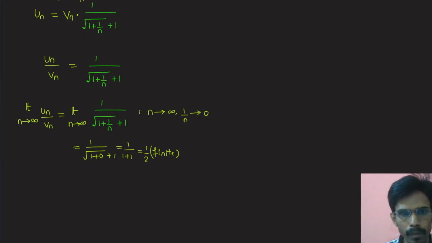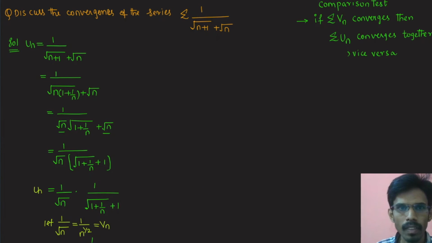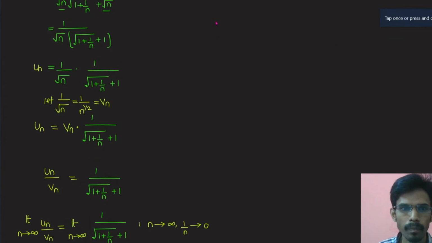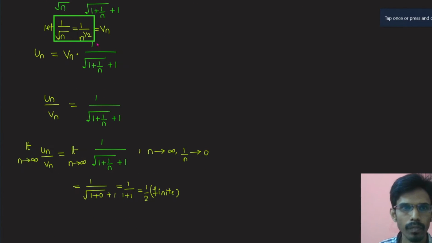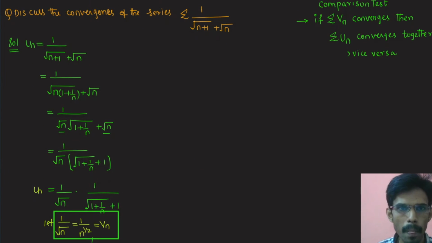non-zero number. So we can say that if this ratio limit n tends to infinity of un by Vn is a finite number, then we say this, as we have this Vn, this Vn as sigma Vn, that is the auxiliary series.